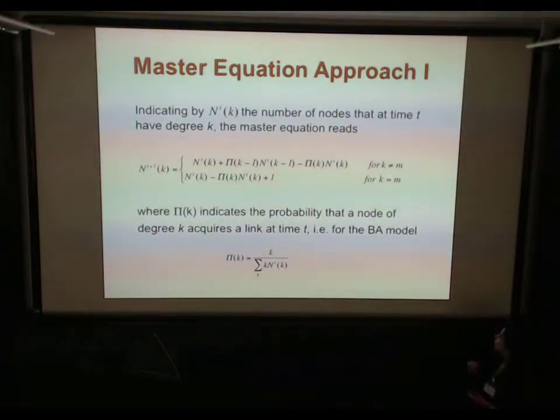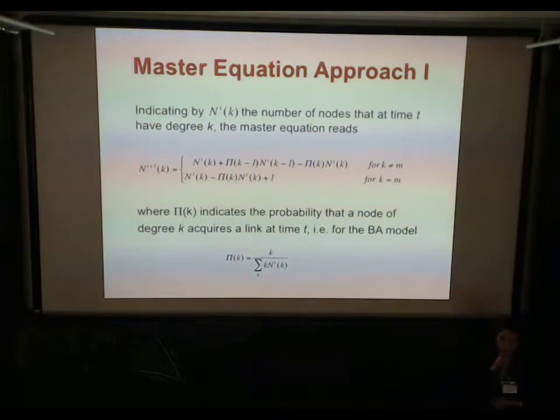You have to be a bit careful and distinguish between the nodes that arrive in the class k equal to m, which always acquires a new node, and the other nodes. So this pi of k is the probability that a node of degree k acquires a link at time t for this model.